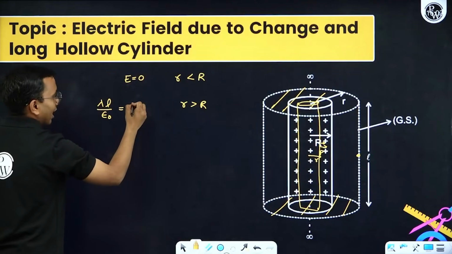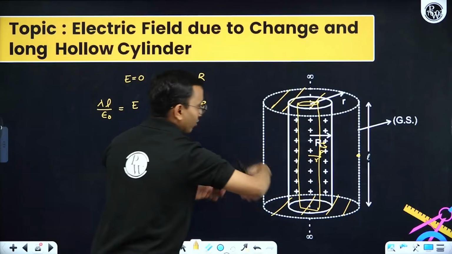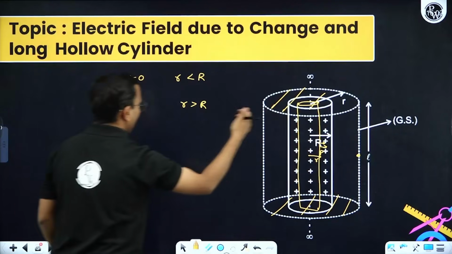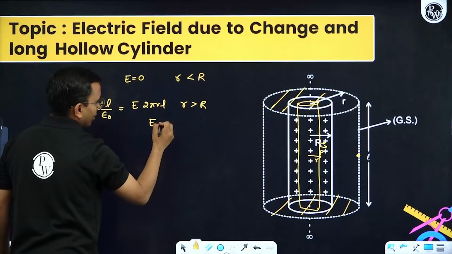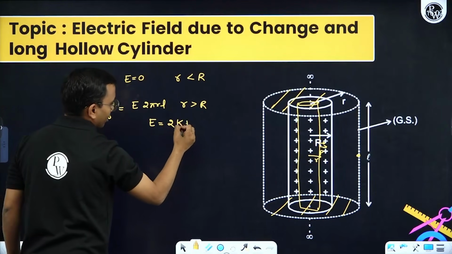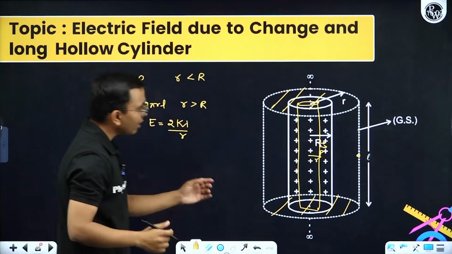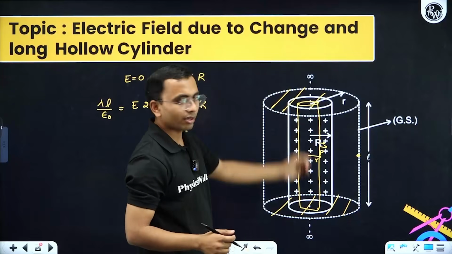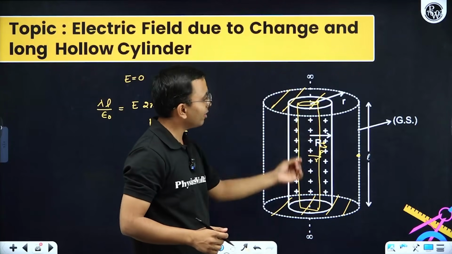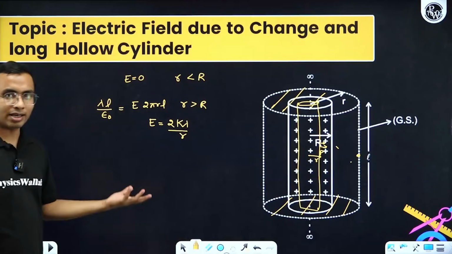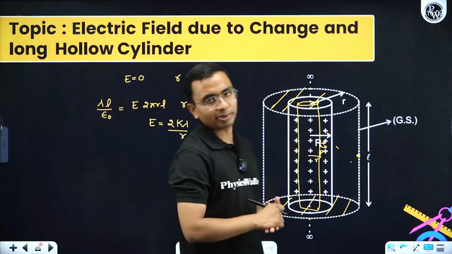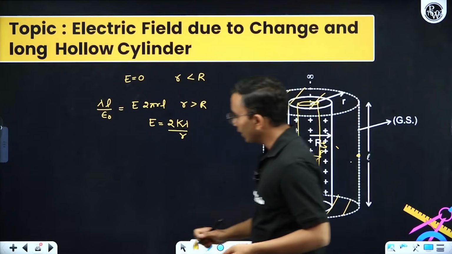This is my flux, and this will be E on the curved surface into my area, that is 2 pi RL. Again the same formula, that is 2k lambda by r. It will just behave like a wire placed along its axis, and we can write the electric field at a distance r as 2k lambda by r. Simple thing.